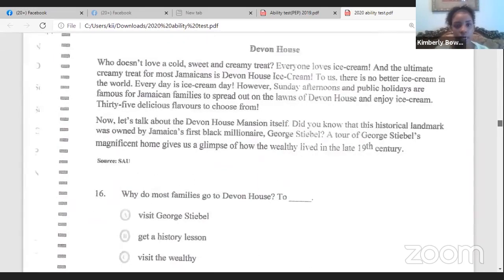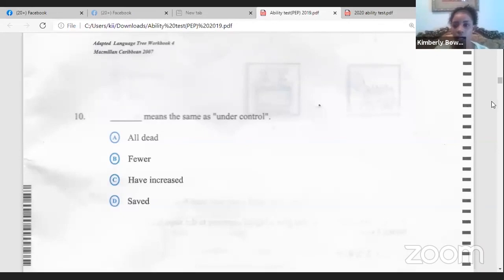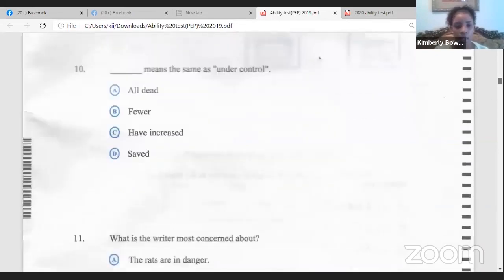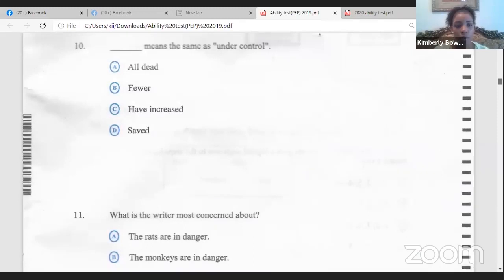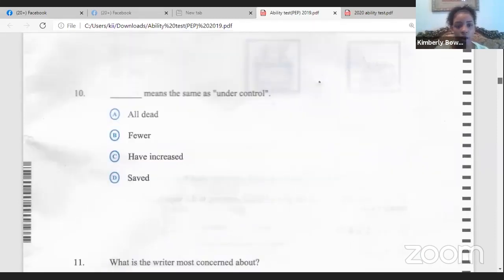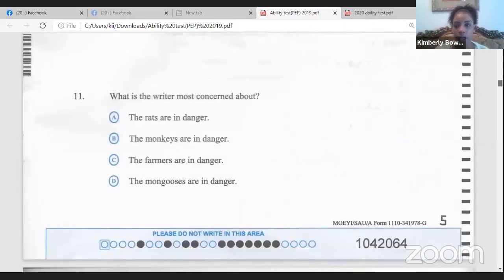So those are the different types of questions that could come on the passage. You may be asked to draw a conclusion, or to make an inference based on the passage. You also might be given a word or a set of words and asked the meaning of the words. So those are the things that we're looking for in the 2021 examination on passages.